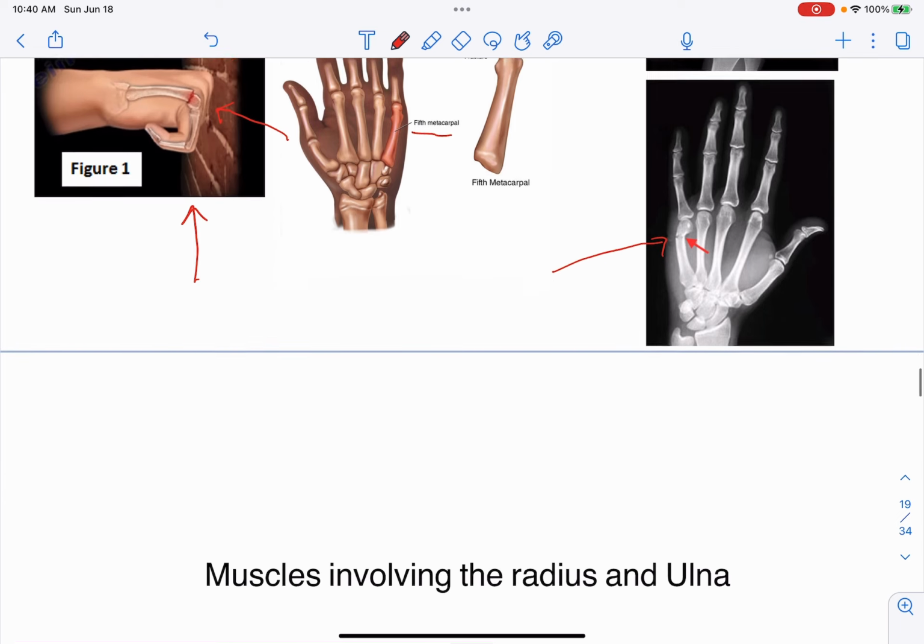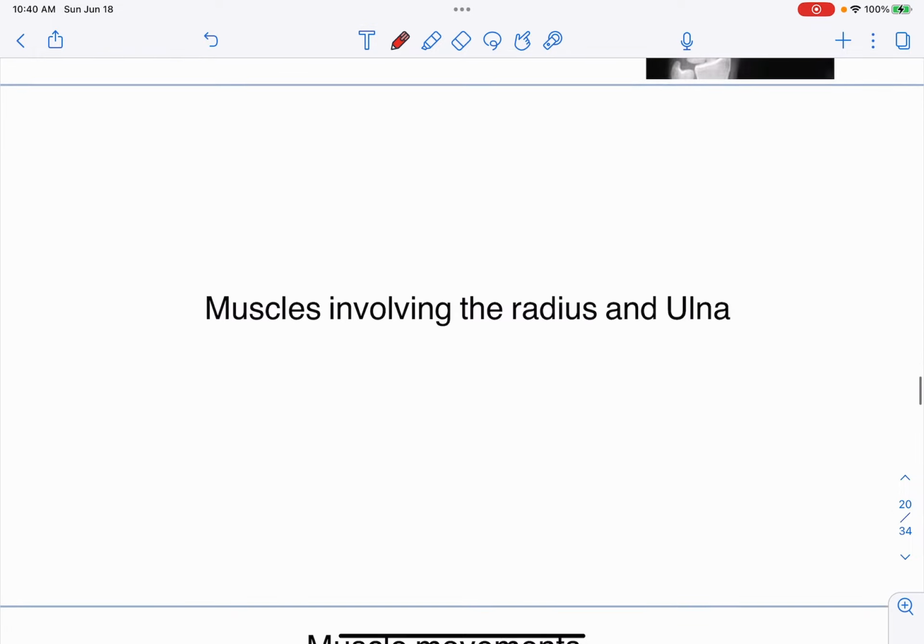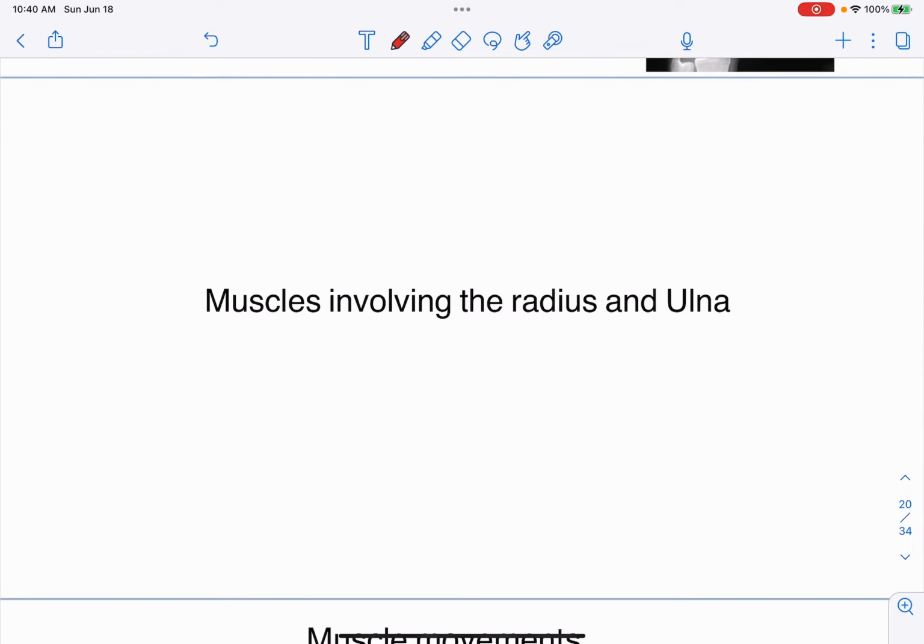All right, so let's now move on to the second part of the lecture where we talk about the muscles involved in the radius and the ulna. Again, this is the time where you want to take out your lab activity. I have highlighted the muscles that I want you to know, as well as whether I want you to know the origin, insertion, or just the action.